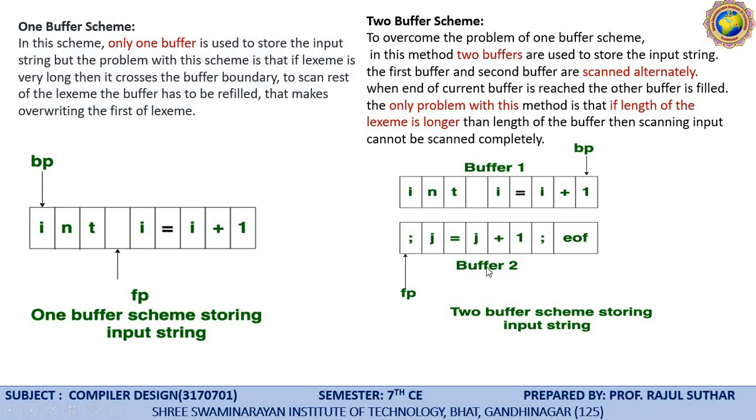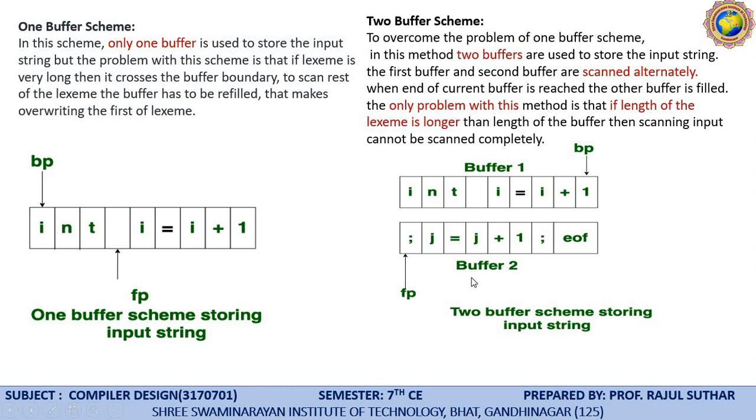This is buffer 1 and this is buffer 2. The begin pointer is located here. In the second buffer, the forward pointer starts from the second equation. It moves alternatively, so you can move the forward pointer till the end of the file. Here your file or sentence will end.